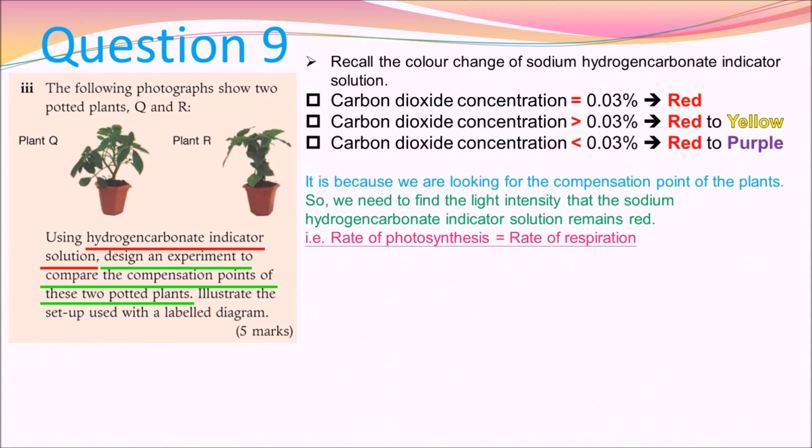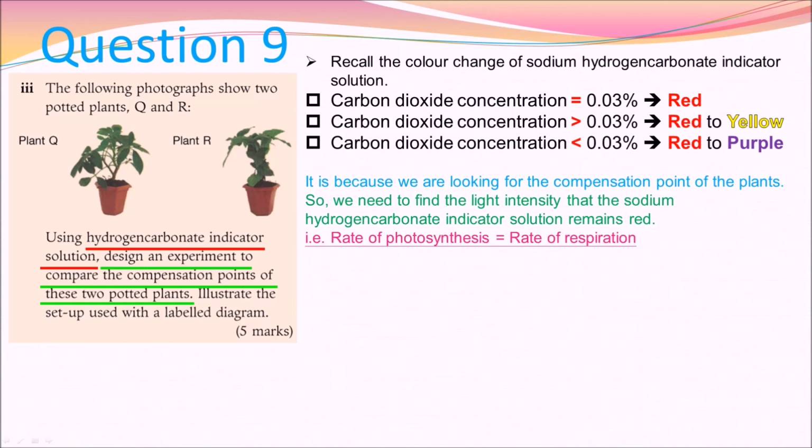So the carbon dioxide concentration in the boiling tube, for example, should remain unchanged. That means it should be equal to 0.03%. So the solution should remain red.